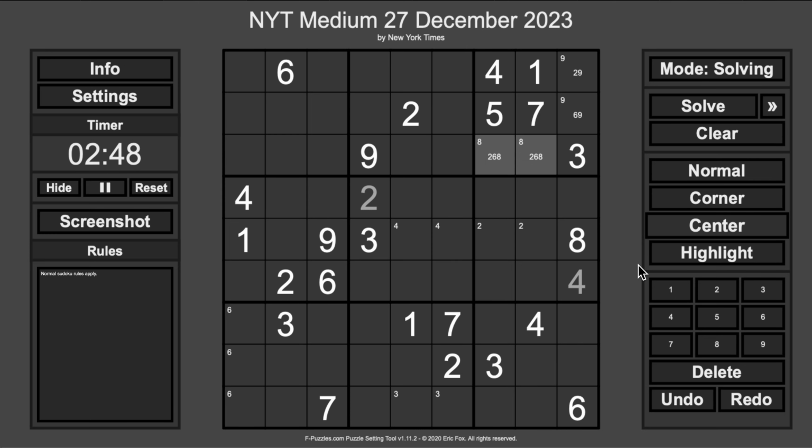Okay, well, actually, neither of these can be 6 or 8. Let me try this again. 2, 6, 8, 9, and this cell sees 2, 6, and 8. It must be 9. This cell, out of 2, 6, 8, 9, now sees 6, 8, and 9. That must be 2.